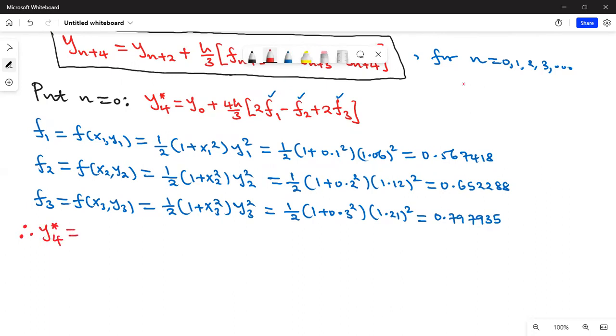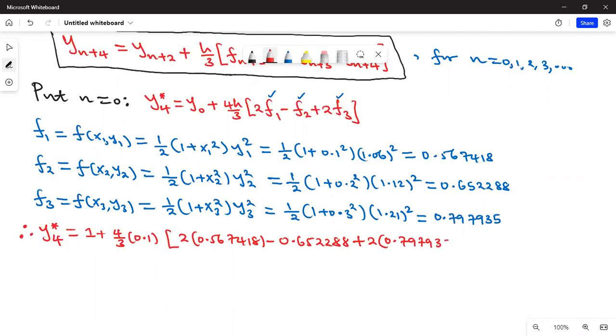Our y0 was 1, plus 4 over 3 times h, which is 0.1, times twice of f1, 0.567418, minus f2, 0.652288, plus twice of f3, 0.797935.